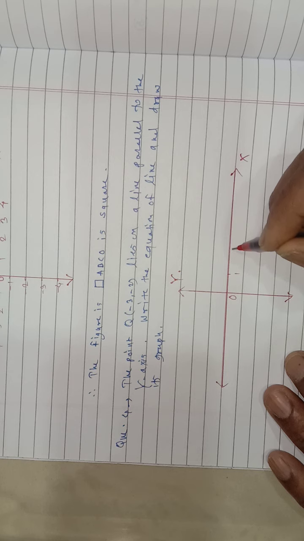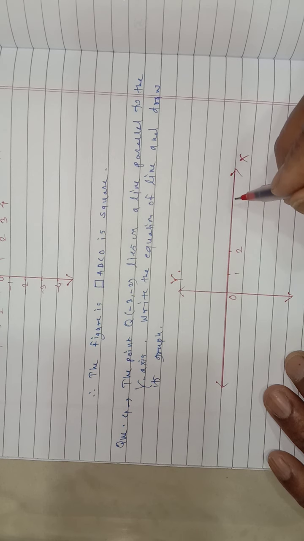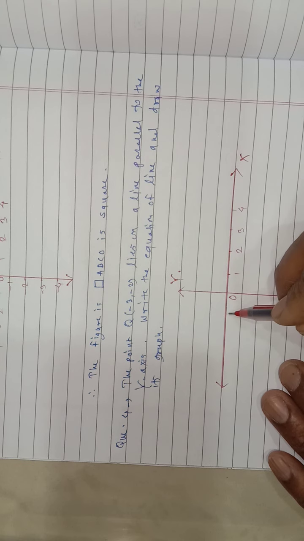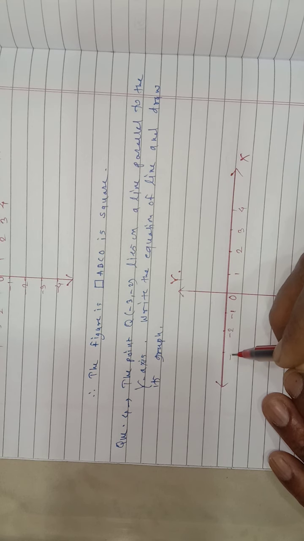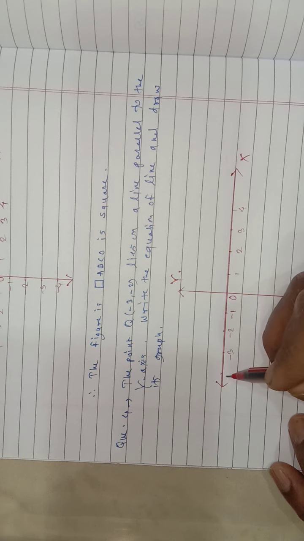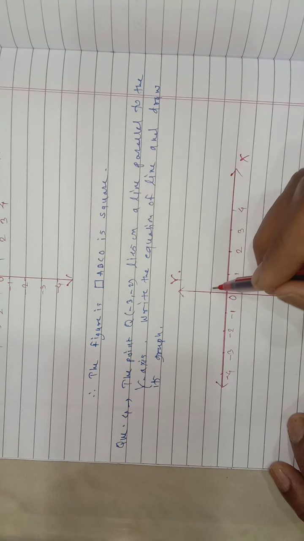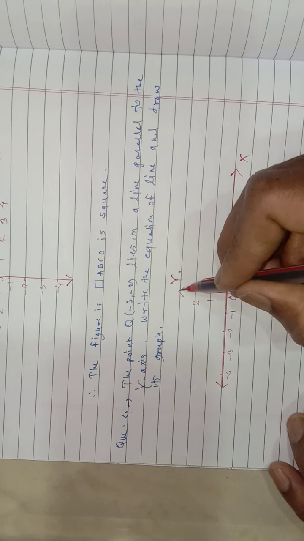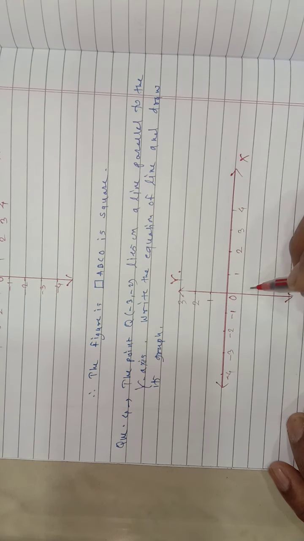We write 1, 2, 3 and 4, and -1, -2, -3 and -4. Also on the y-axis we write 1, 2, 3.